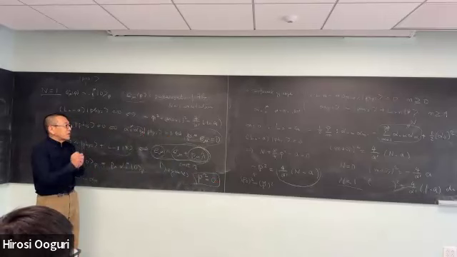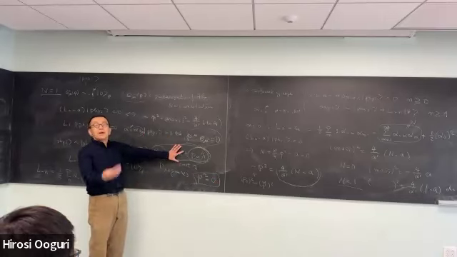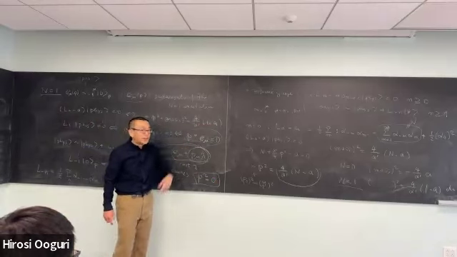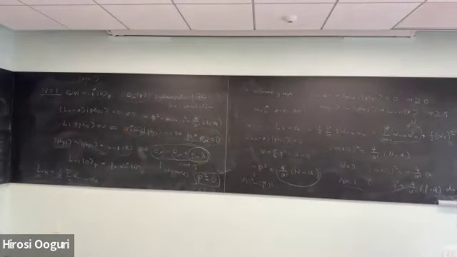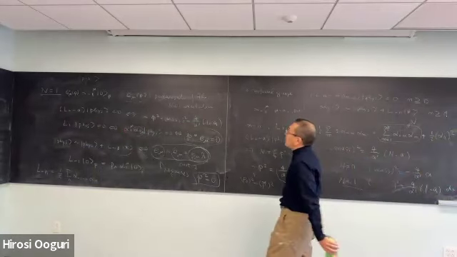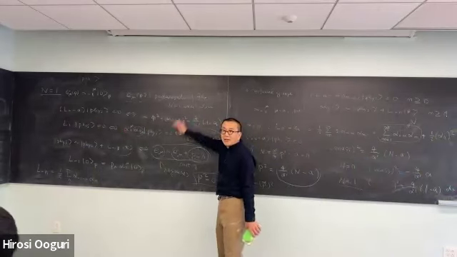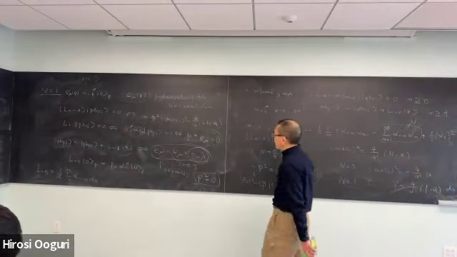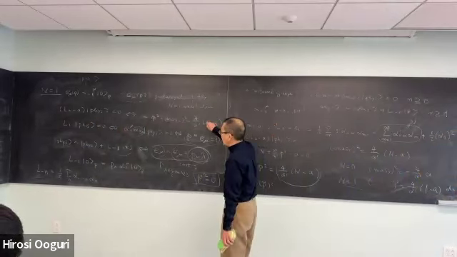Only when P square is equal to 0 does this remove one more state, and then you get a result which is consistent with light-cone quantization. But in general, the mass square at this level is not 0. It's proportional to 1 minus A. So this leads to the statement that if you demand that this conformal gauge quantization of the worldsheet be consistent with light-cone gauge quantization result, A has to be fixed to be 1. So A is 1, so the ground state is a tachyon. That's the consequence.